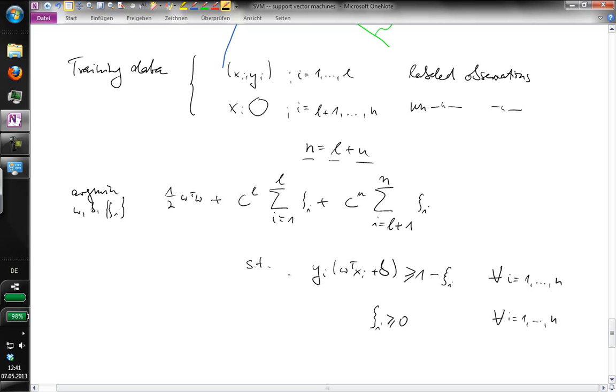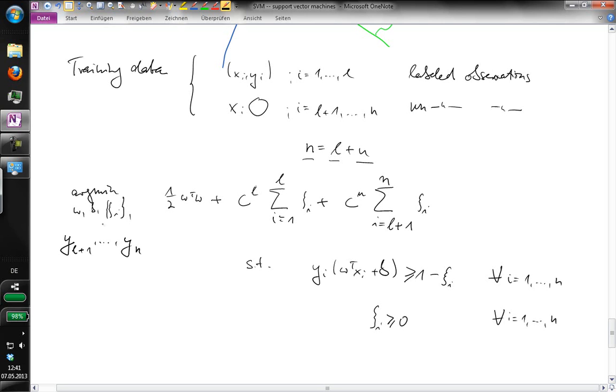And this is what I optimize over in addition. So I optimize over all of the above and also over the labels yL plus 1 up to yN, so a total of U labels, which turns it into a combinatorial optimization problem.